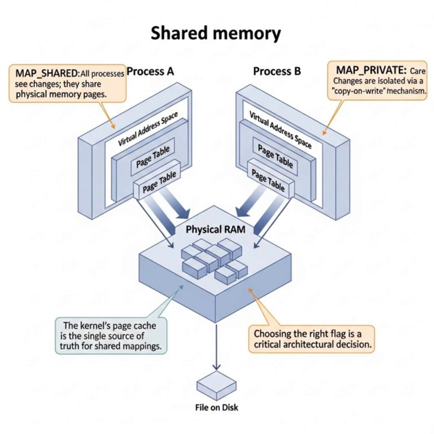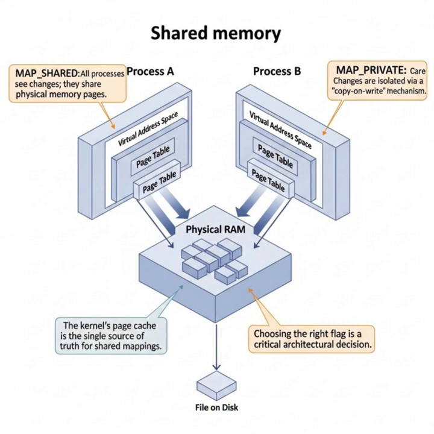The kernel ensures this by having the page tables of all participating processes point to the same physical pages in RAM. A write from process A to a mapped memory page is instantly visible to process B because they are literally looking at the same piece of physical memory. The kernel's page cache acts as the single source of truth.